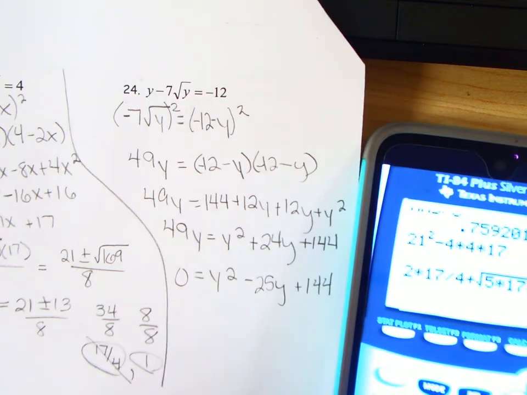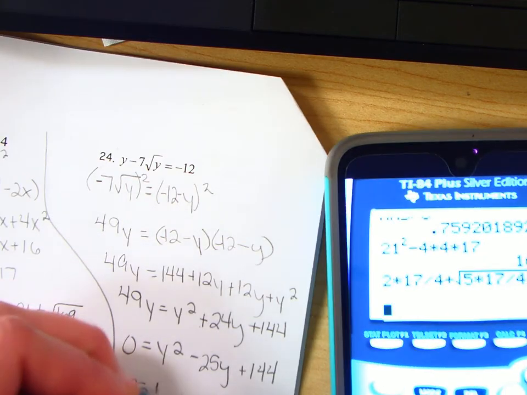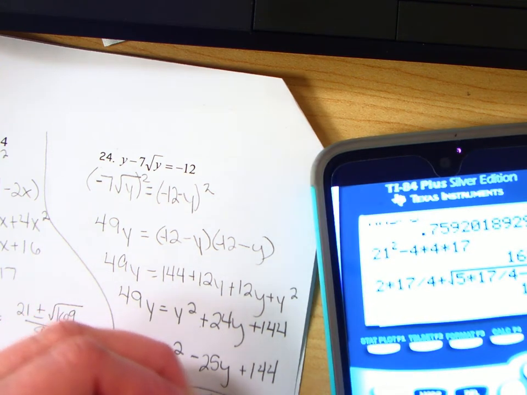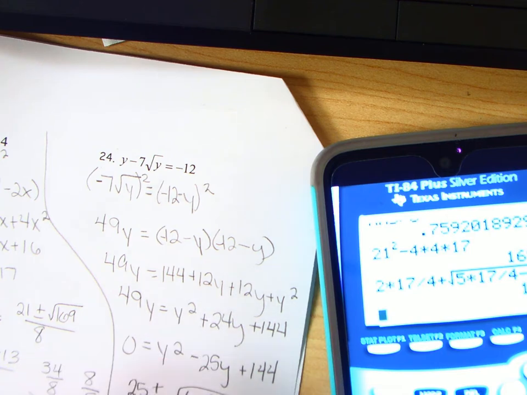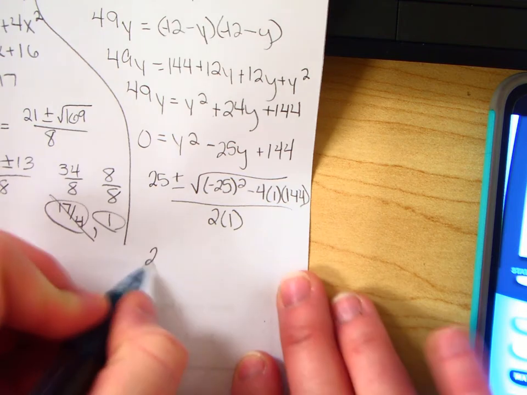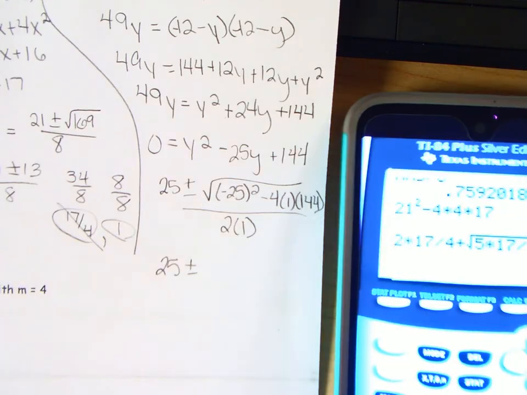Okay. Let's do the quadratic formula now. Negative b plus or minus the square root of b squared minus 4 times a times c all over 2a. You can't see that. That's okay, you know your quadratic formula by heart. 25 plus or minus, let's type this in the good old calculator.